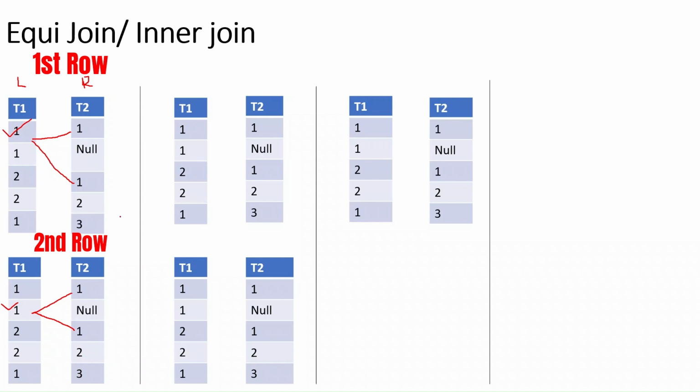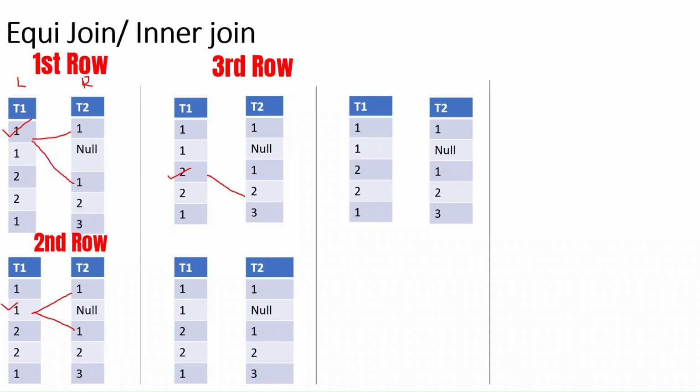Then take our third row. In the T2 table, 1 is present but not matching, null is present but also not matching, 1 is present but the third row is not matching. But this third row of the first table is matched with the fourth row of the second table.